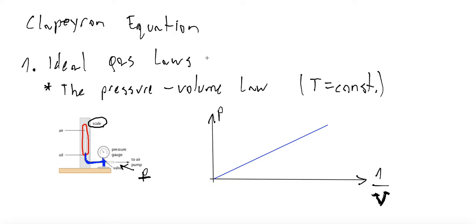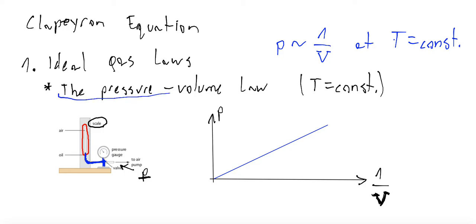What does it mean? You can write mathematically that pressure is inversely proportional to volume at constant temperature. And this is known as the pressure volume law. Please copy this to your notebook.